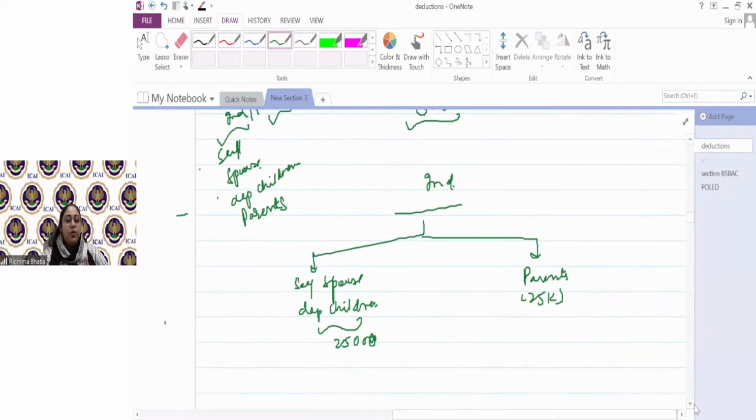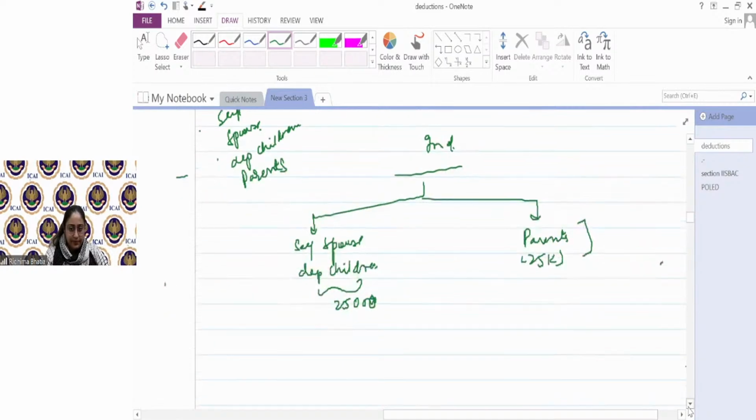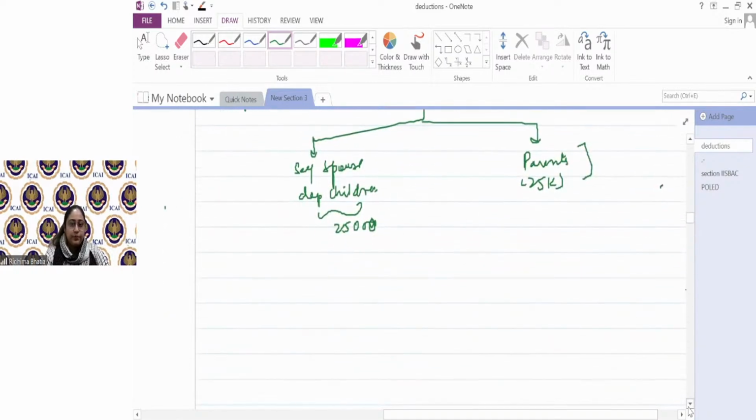Simple. But what all are allowed? 25,000 is for my limit, and 25,000 I additionally get for my parents' limit. So if I'm making contribution for their insurances, I will get additional 25,000. Okay, simple. But guys, if you get medical insurance premium, no doubt on that.